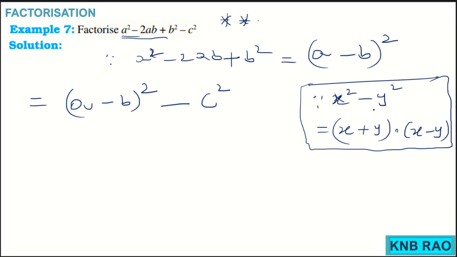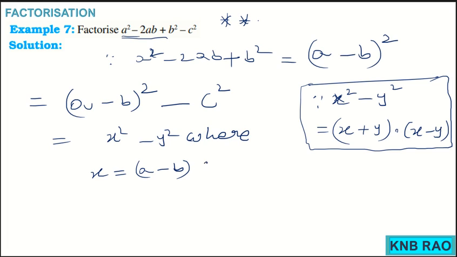I am using x and y as variables. It looks like x square minus y square, where x is a minus b and y is equal to c.